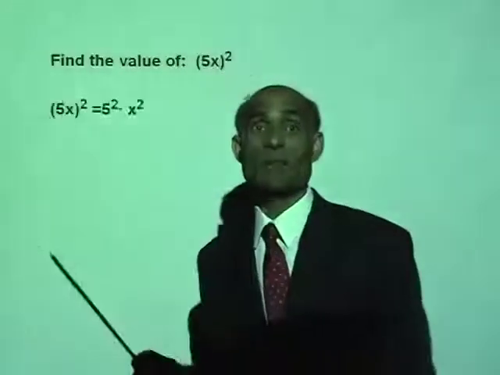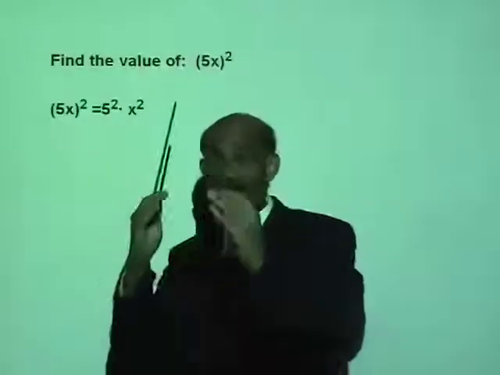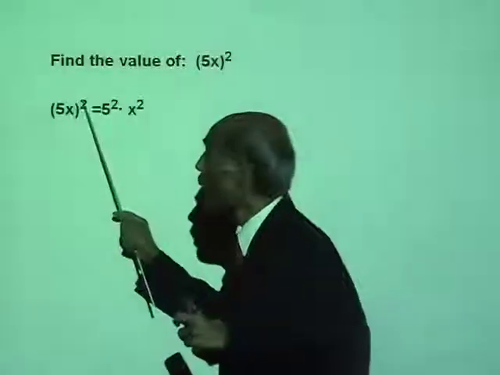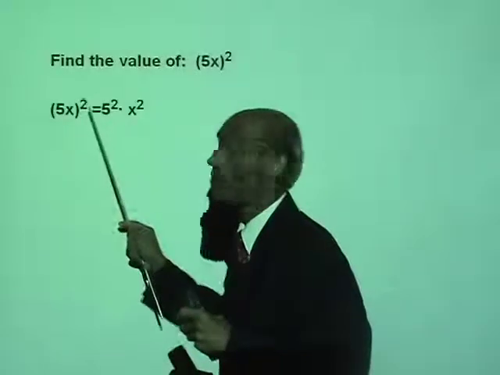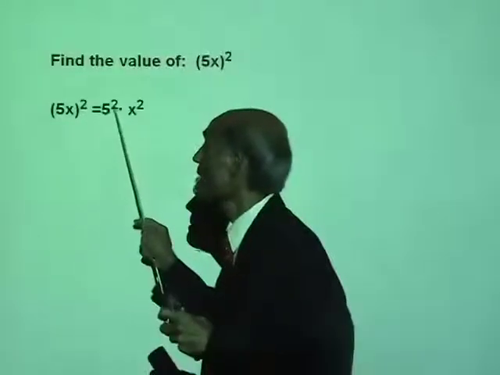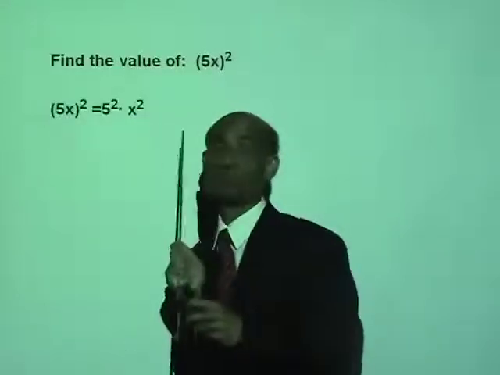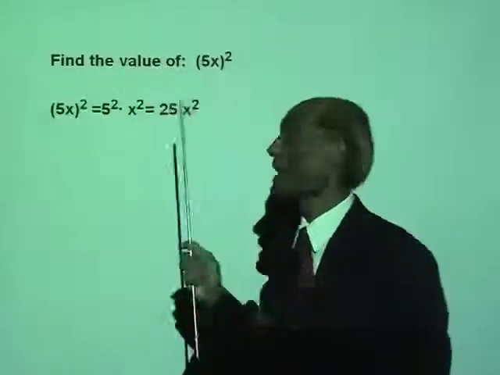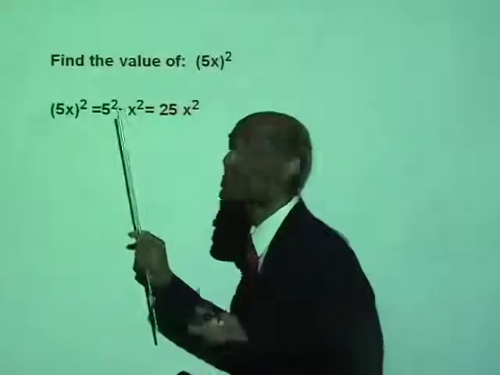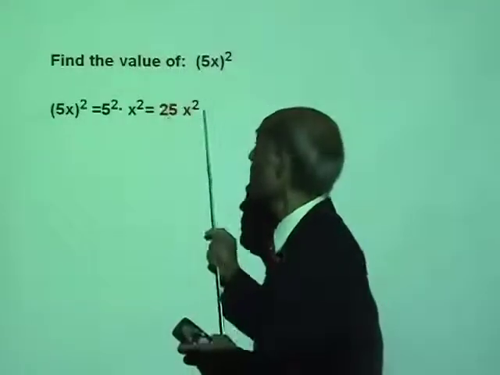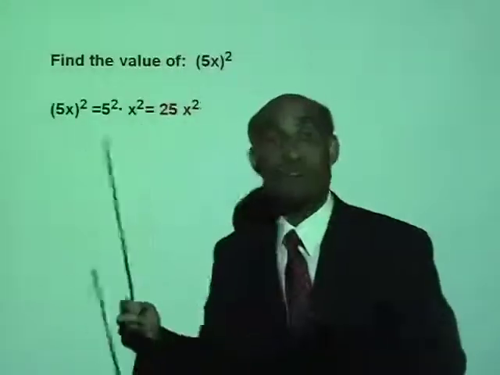That is the meaning there. So the quantity 5x, all raised to the power of 2, is the same as 5 raised to the power of 2 times x raised to the power of 2. Now, 5 raised to the power of 2 is 25, so that will be 25x squared.